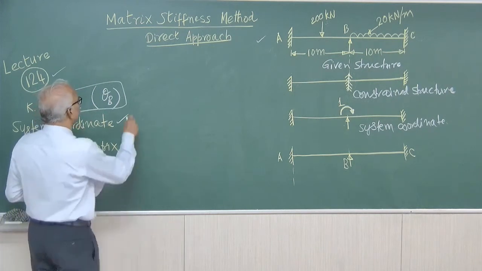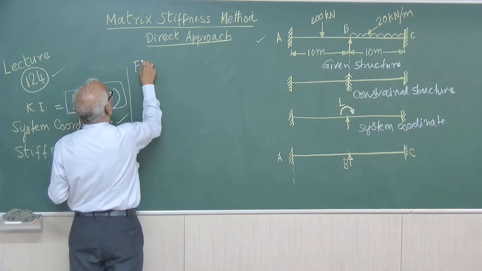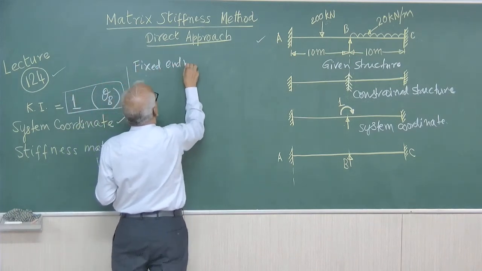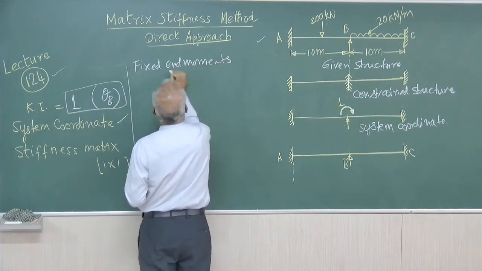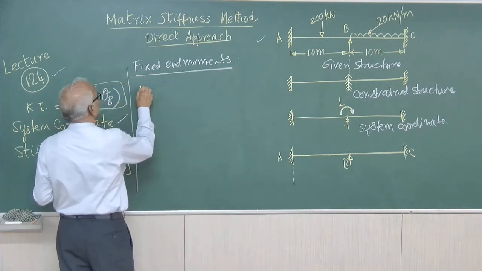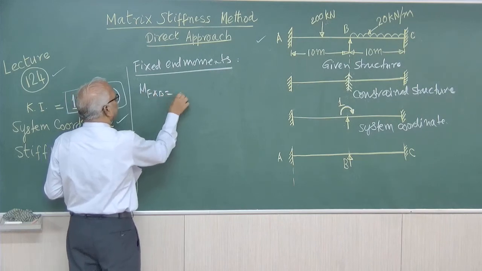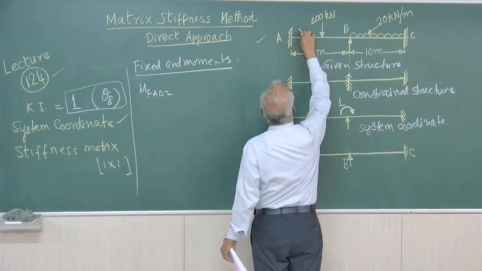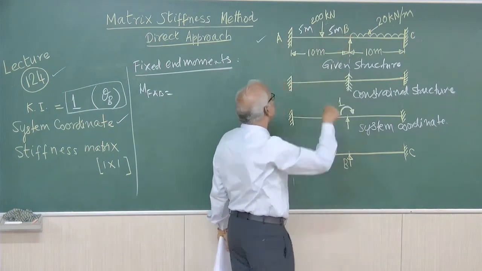First we have to find out the fixed end moments. MF AB: AB is subjected to a central concentrated load. This is 5 meters, this is also 5 meters.